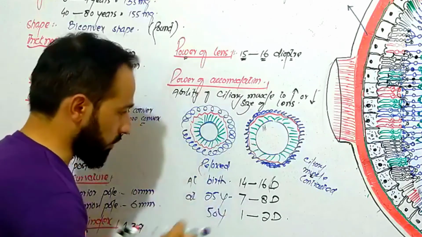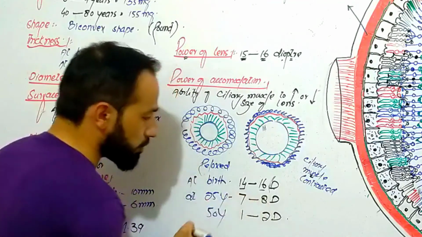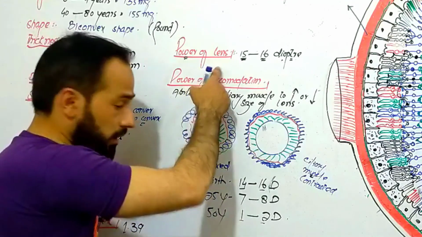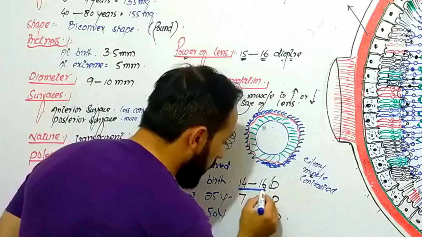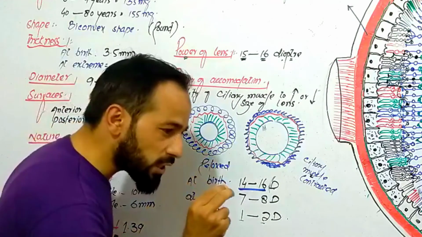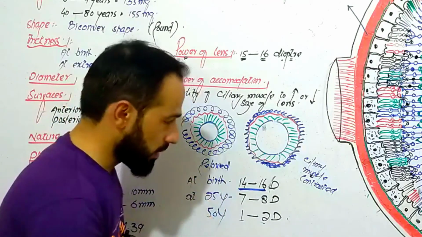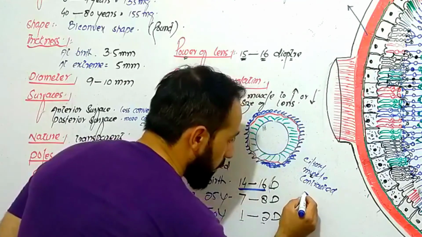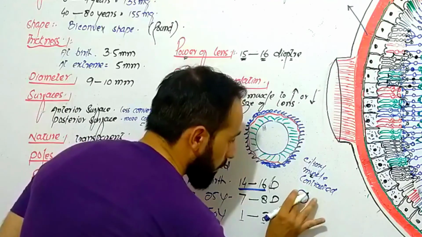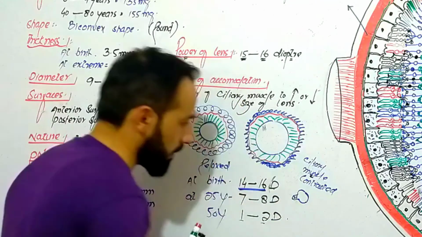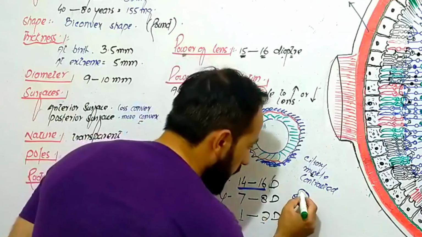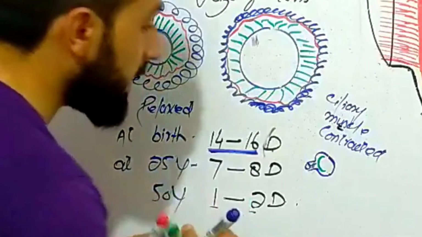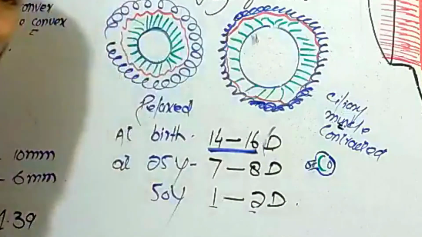So look, if you have understood this power of the lens, you can easily understand this one. How? Here the power is much more than this one. As I had said, more power of the lens means short focal length. The eye of a baby is very small, and the retina of the baby's eye is very near to the lens, like this.